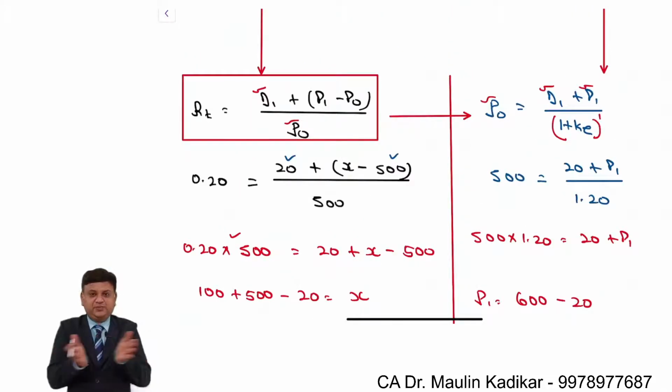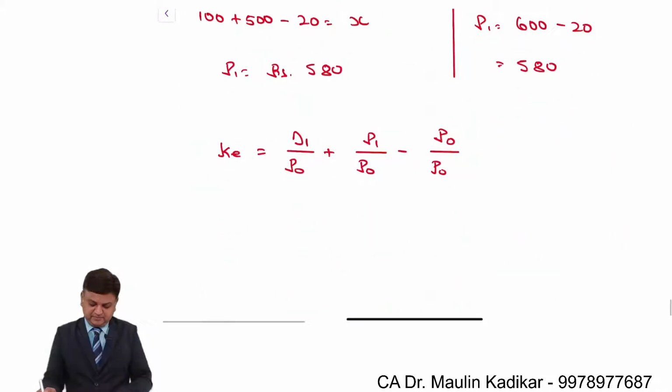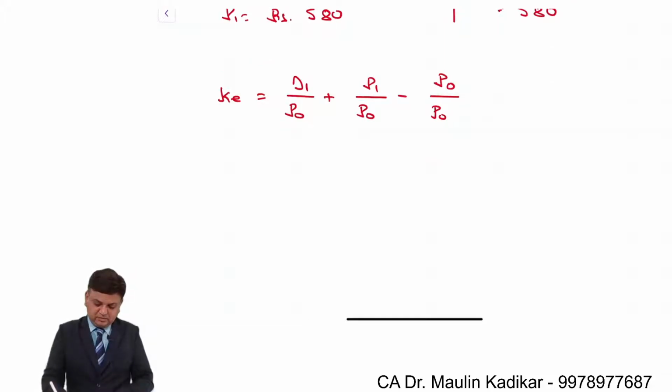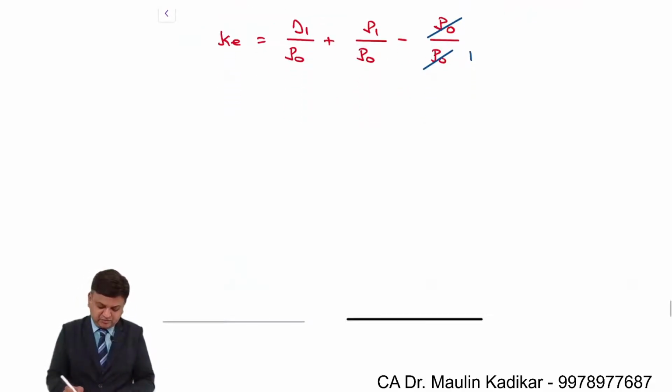So I have just split that three times. Now this P0 is getting cancelled against this P0. So this becomes 1. 1 is transferred to this side, so from negative it will become positive.